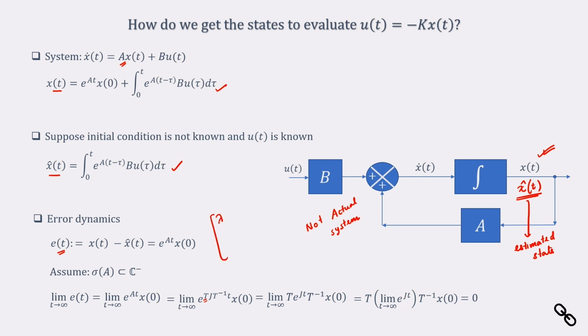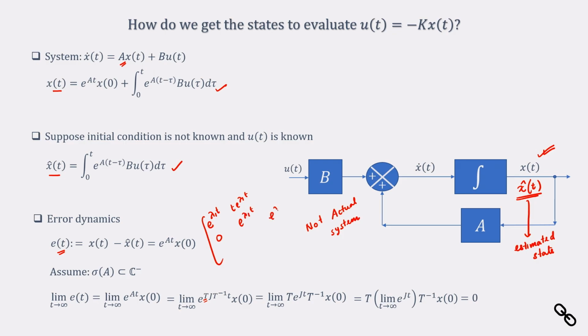Now, what is e to the power of Jt? Suppose J was a Jordan matrix, then e to the power of Jt might come out to be something like this. This is just an example.